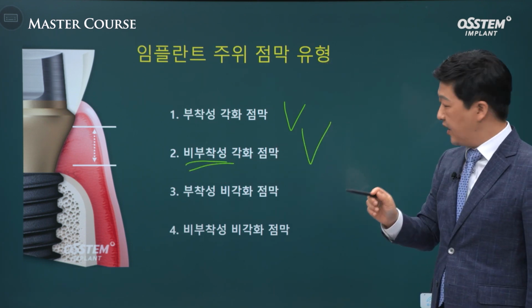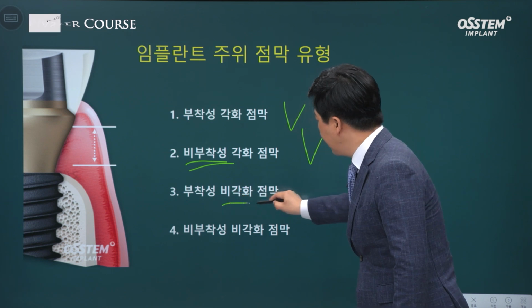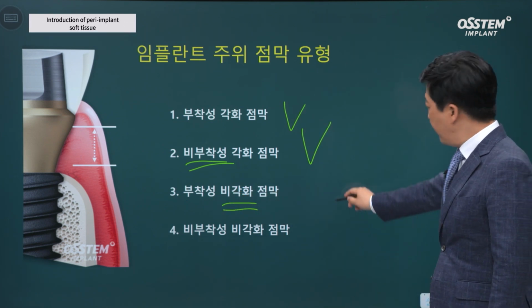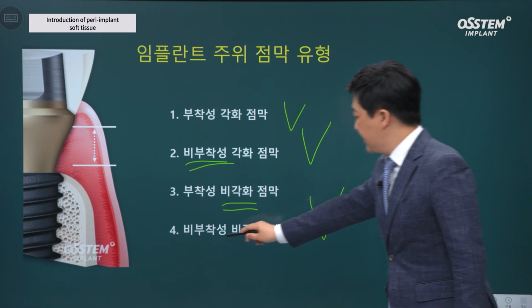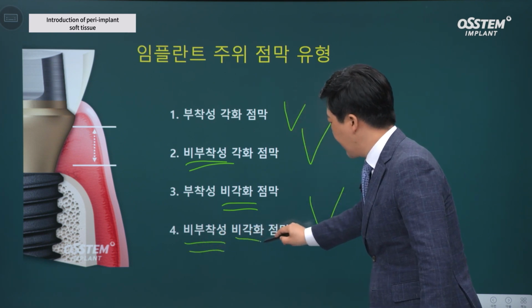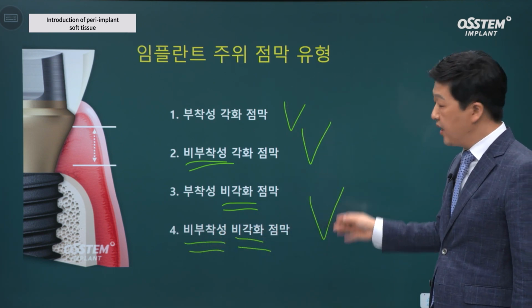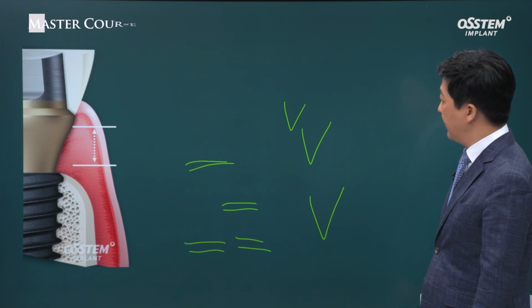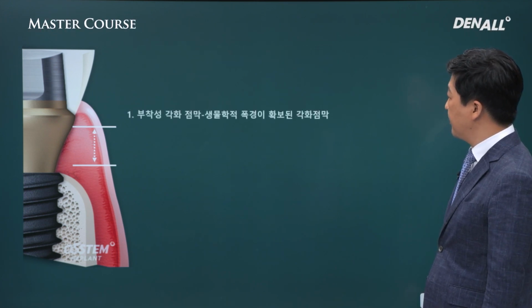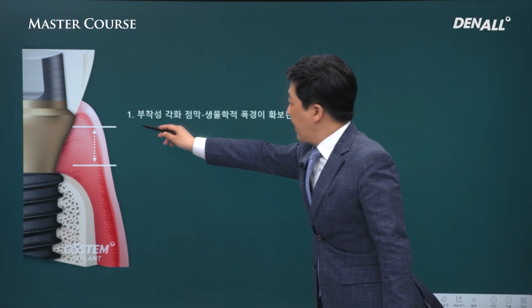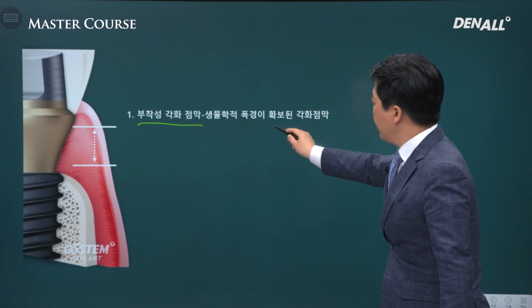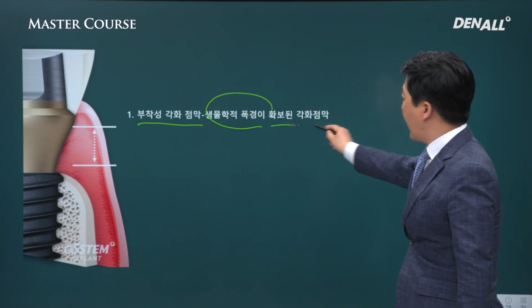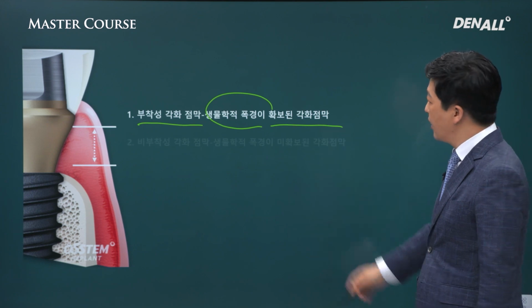Third, attached non-keratinized tissue. And fourth, non-attached non-keratinized mucosa. In other words, this. In the case of attached keratinized mucosa, it is keratinized mucosa with biologic width.